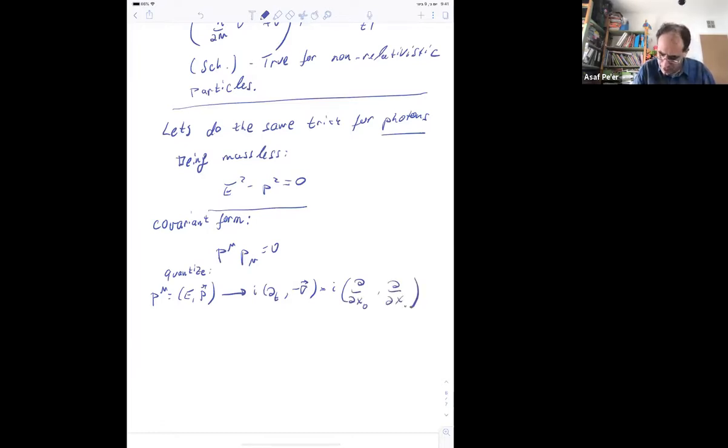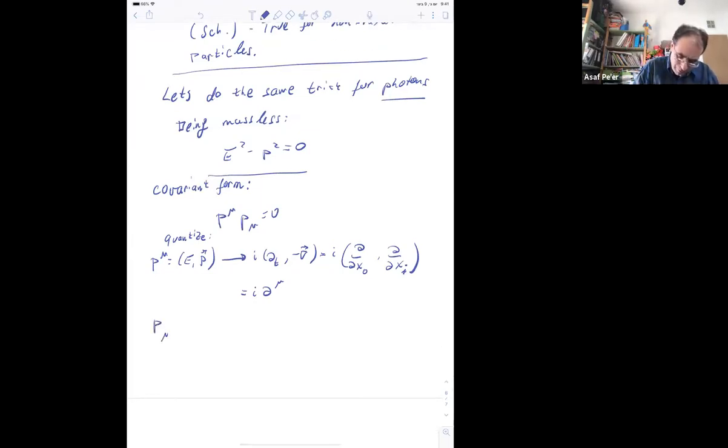I just have to be careful here about the signs, because this is just i d mu. It's an upper index, with the sign because we have a minus nabla. And of course, p mu is just (E, minus P), so it's just i d/dt and nabla. So this is just i d mu.